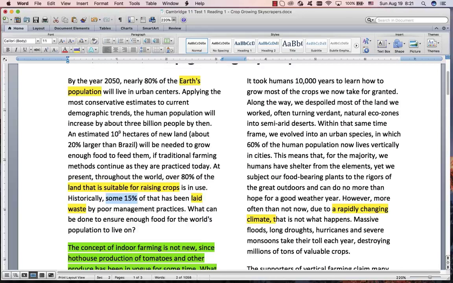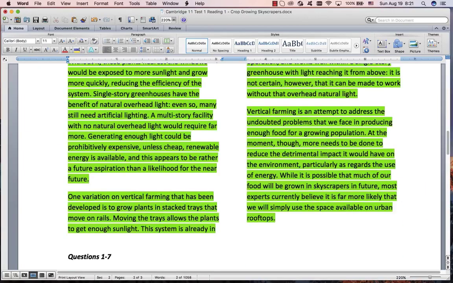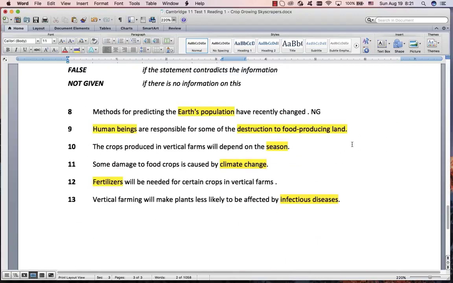You only get three things: none, some, and all. None, 0%. All, 100%. Some is anything between those two. Actually, this means about in this context, but don't worry about that. But yes, 15% of that land has been destroyed by humans. So, yes, true.